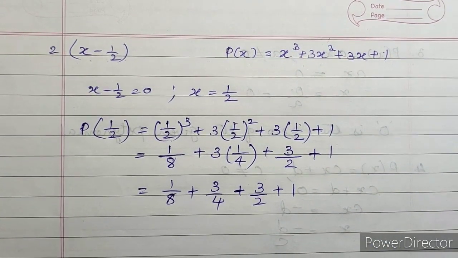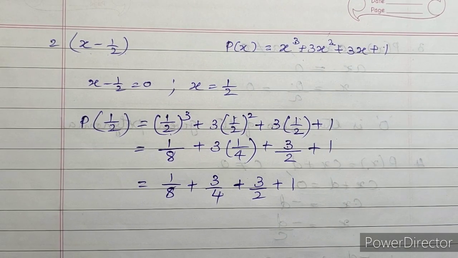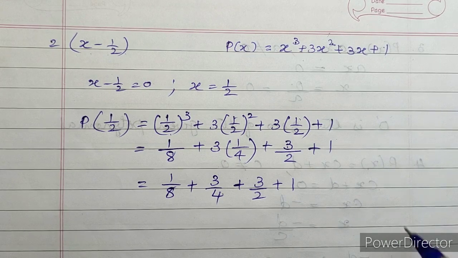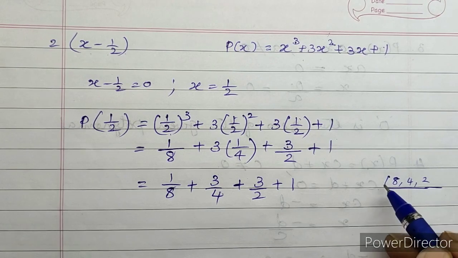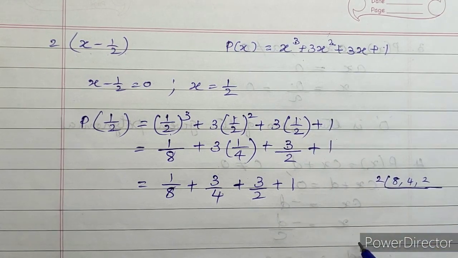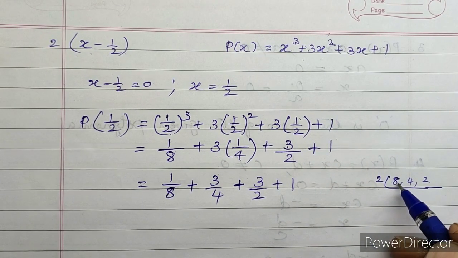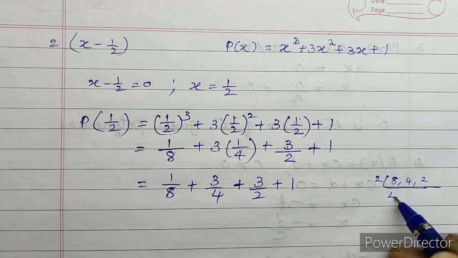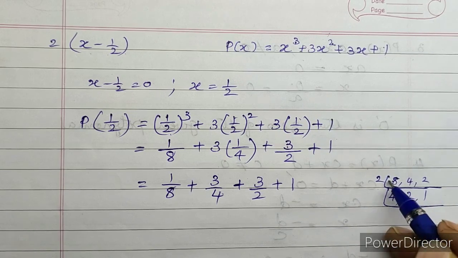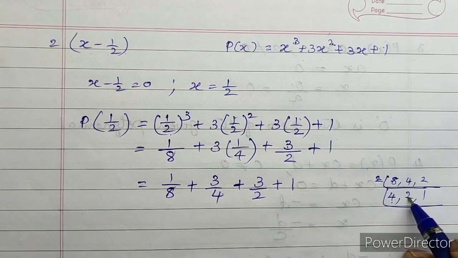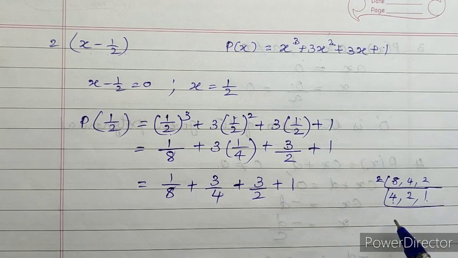Now addition of fractions, how will you do? You have to take the LCM. 8, 4, 2 are the denominators. You have to take the LCM of 8, 4, 2. You have to take all even numbers only, the least prime number is 2. So 8, 4, 2 divided by 2 gives 4, 2, 1.